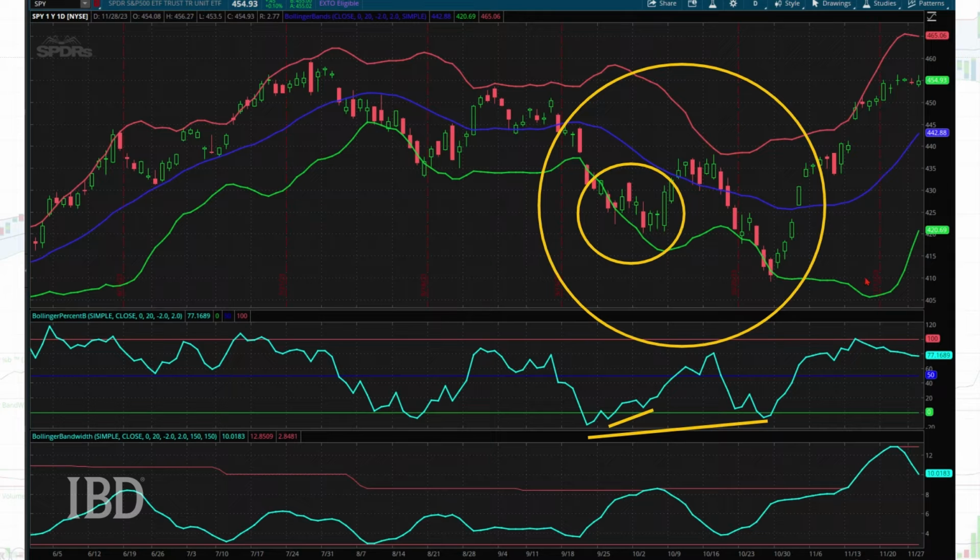Exactly. There's nothing about a tag of the upper band that's a sell signal in and of itself. You need something else, some other form of technical deterioration, because prices can and will walk up the upper band, and they can and will walk down the lower band. And that's not a long series of buys or a long series of sells. That's simply a walk down the band or a walk up the band.